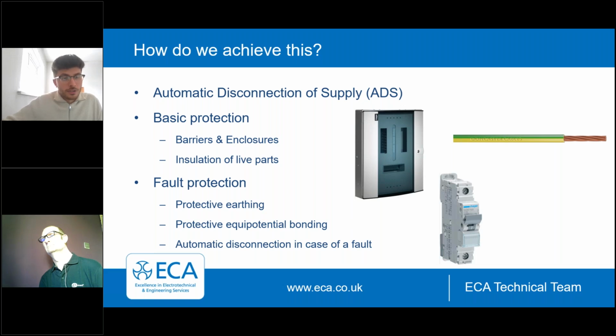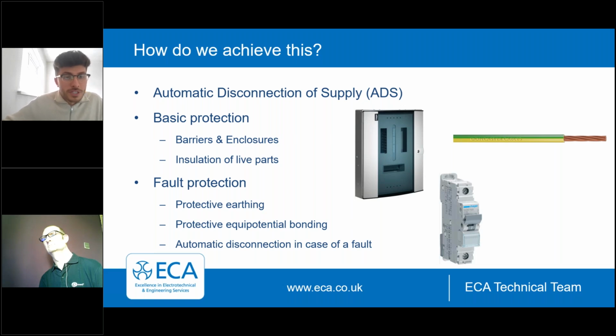We also then, as touched on, have fault protection. Now our fault protection is made up of protective earthing. So we have an earthing system for the installation, and then our circuits are all connected to the main earthing terminal at each point in wiring via circuit protective conductors, which of course is there to carry fault current.